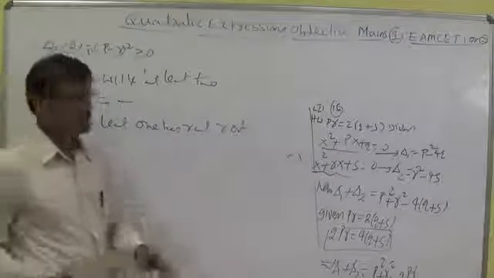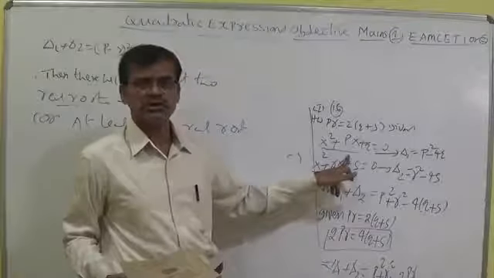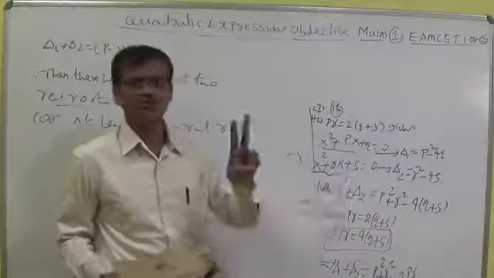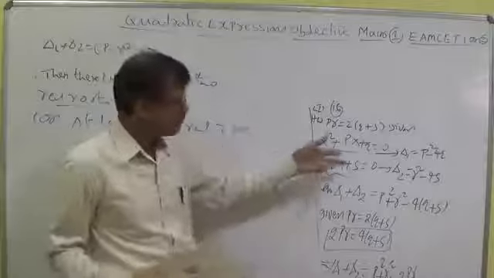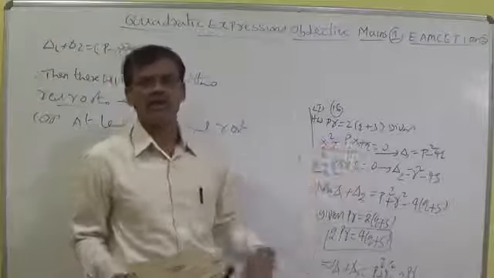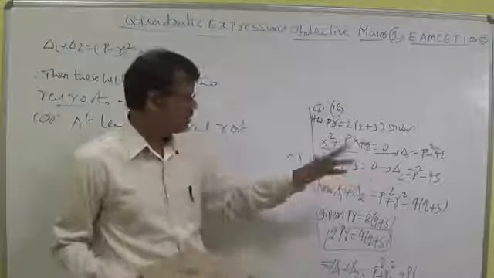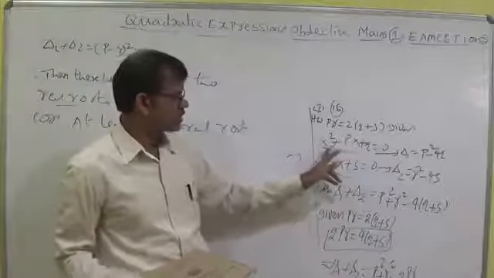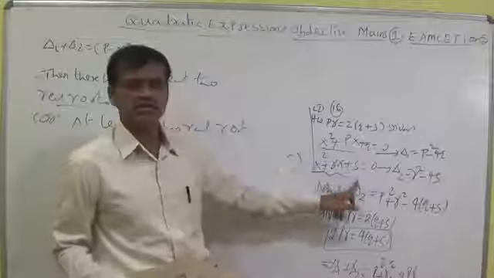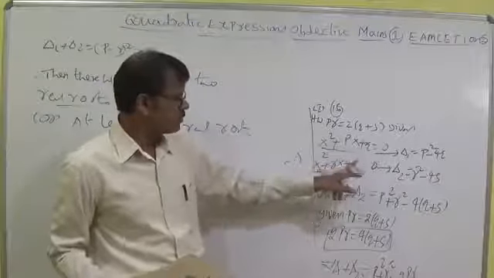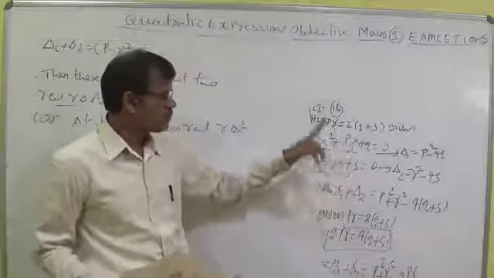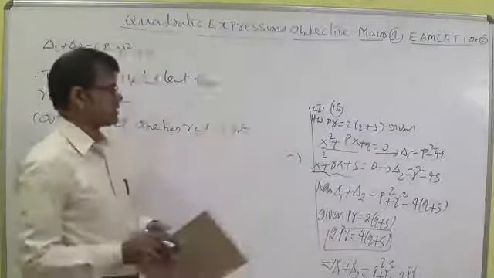That means either this equation or this equation has 2 real roots. That means a minimum of 2 roots of the combined biquadratic equation, x square plus px plus q into x square plus rx plus s, this one into this one, becomes at least 2 real roots.